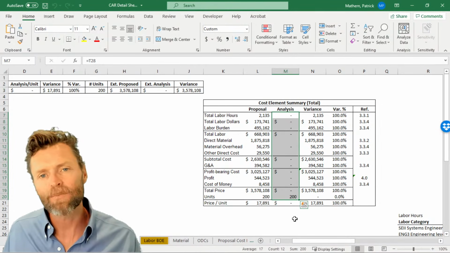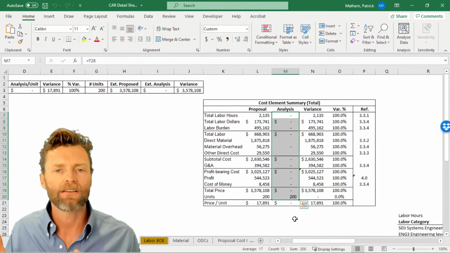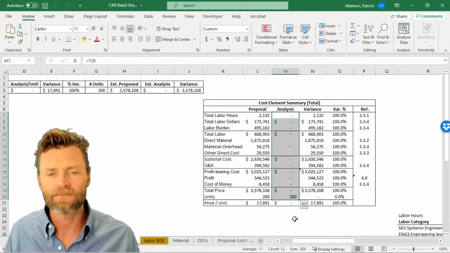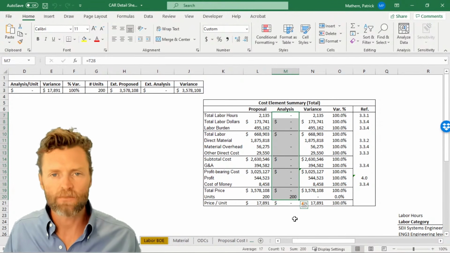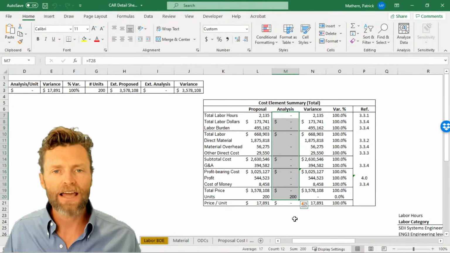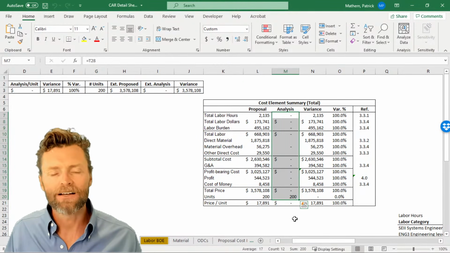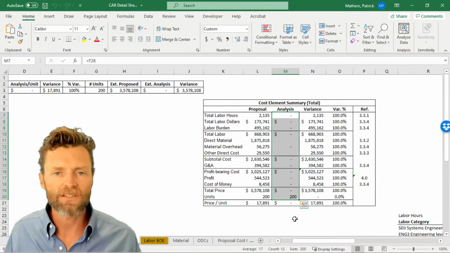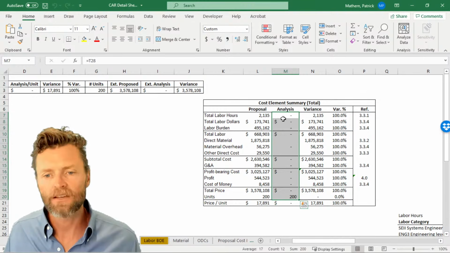When you're building your pricing sheets and your summary sheets, make sure that they're all linked by formulas, because if you don't, anytime you need to go back and update something, let's say you get some more information in fact find, you're going to have to remember all the places that shows up, and update it in all those places. Whereas if you link all of your spreadsheets, then it'll flow through.